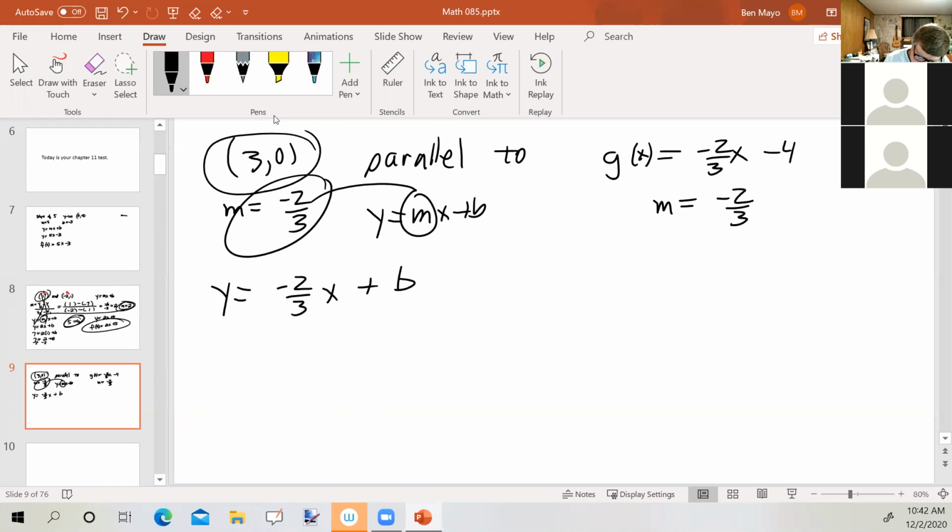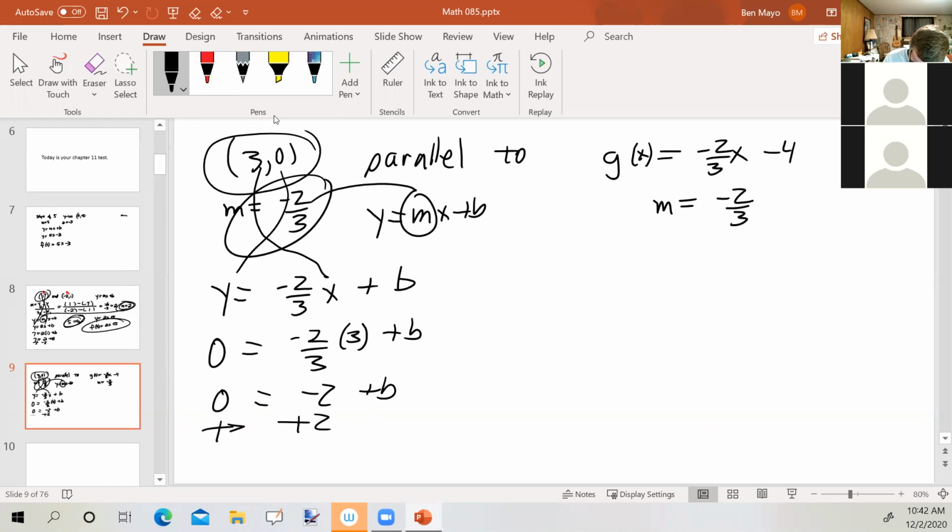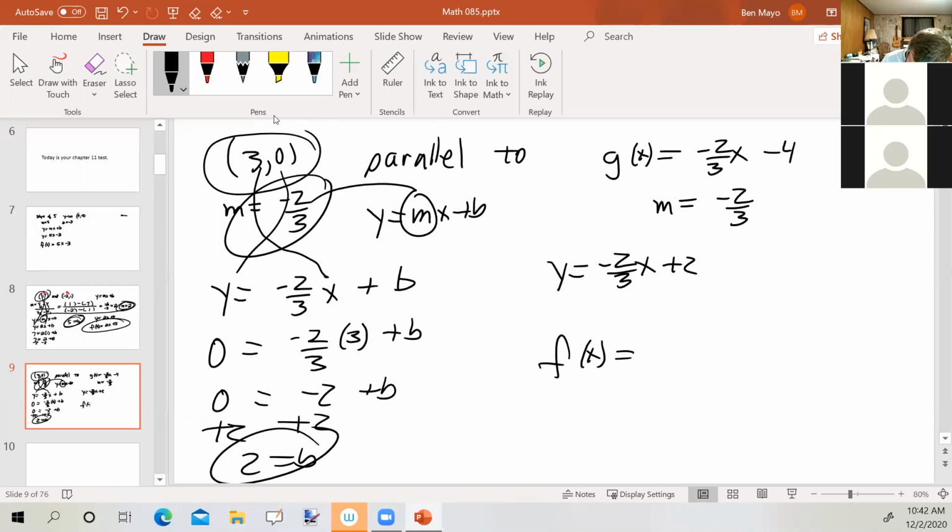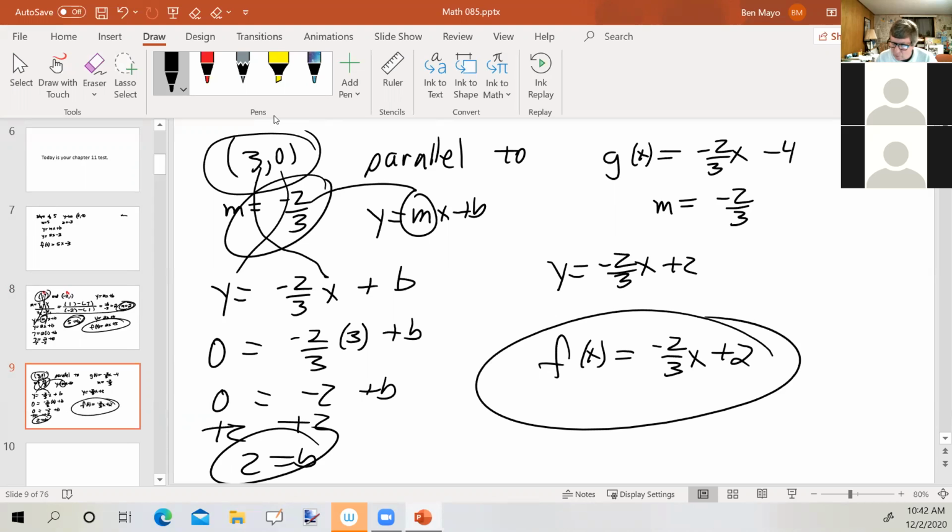Taking the ordered pair we have and putting 3 in for x and 0 in for y, we get the following, which says this, add 2 to both sides and 2 = b. So y = -2/3 x + 2, f(x) = -2/3 x + 2. So here's the equation of the line that's parallel to this line. They have the same slope, and it passes through the point (3, 0).